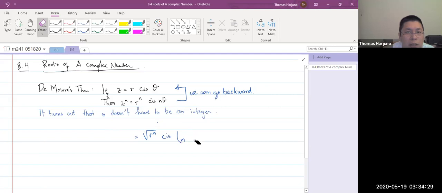So here's the thing. I will try to go backward this way. Let W equal R cis theta.